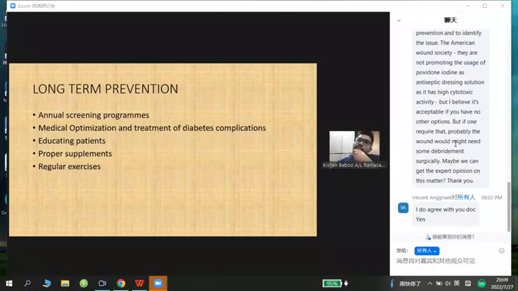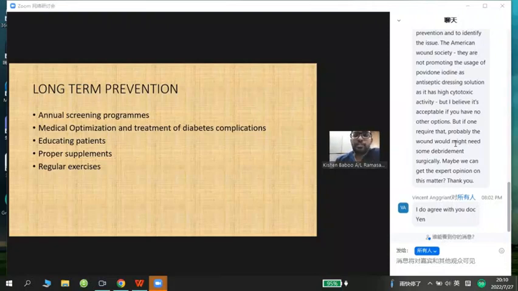Long-term prevention is actually up to the doctors and also the healthcare workers. They should have annual screening programs where you screen for your triglyceride level, your glycemic level, and also your blood pressure and other screening to ensure that the patient is healthy and doesn't have any risk of diabetes, and also for early detection of these diseases. Patients with diabetes should have optimized medical care and treatment.